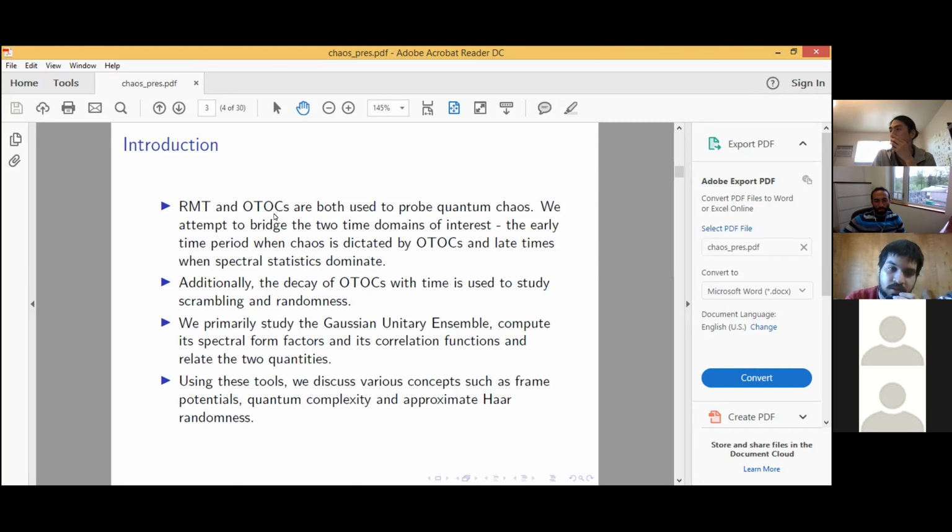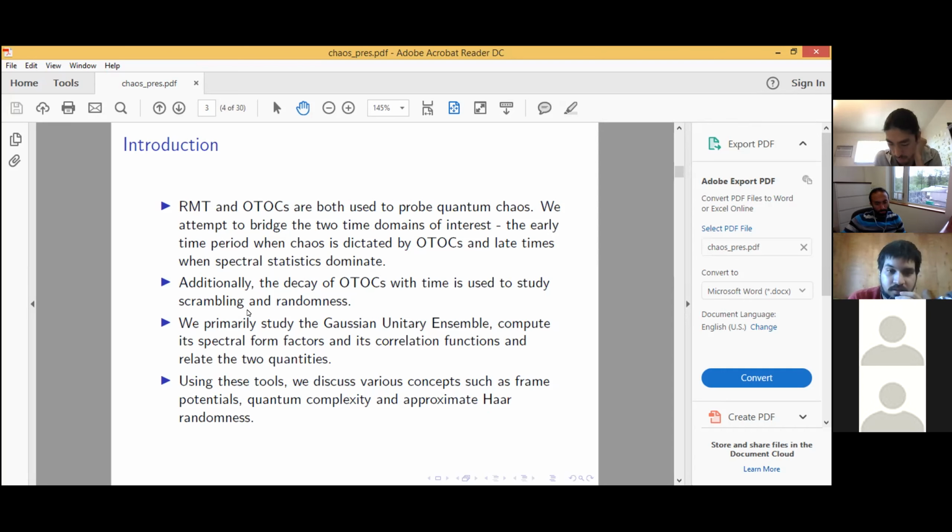We'll find a quantitative relation between certain averages of OTOCs and the spectral statistics that come from random matrix theory. We'll also define a concept of K invariance, which helps us to define a time scale after which the physics of the theory can be captured entirely by random matrix theory.